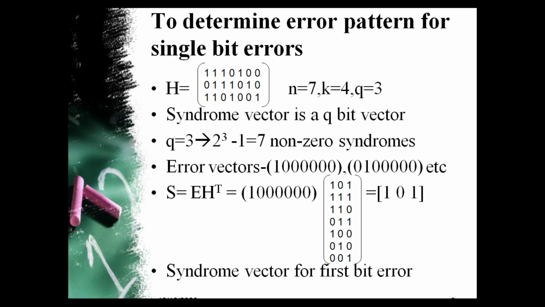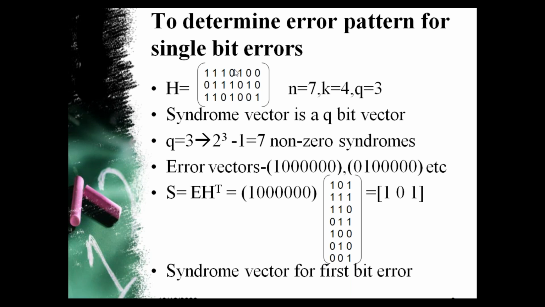That is, an H matrix is given. Here it is a problem. H is given, that is the parity check matrix. We know that the initial part will be our P transpose matrix, where P is the submatrix of the generator matrix.